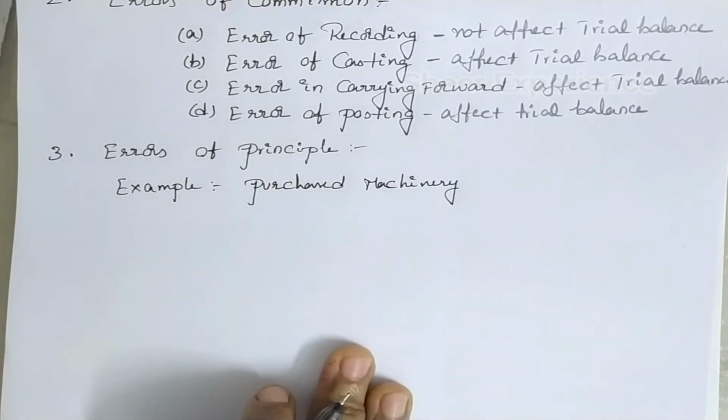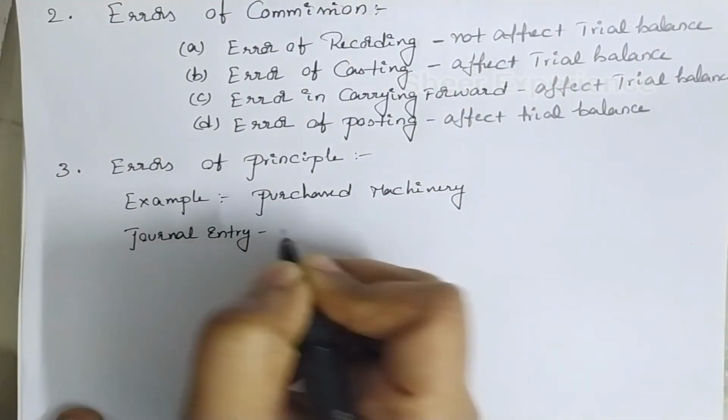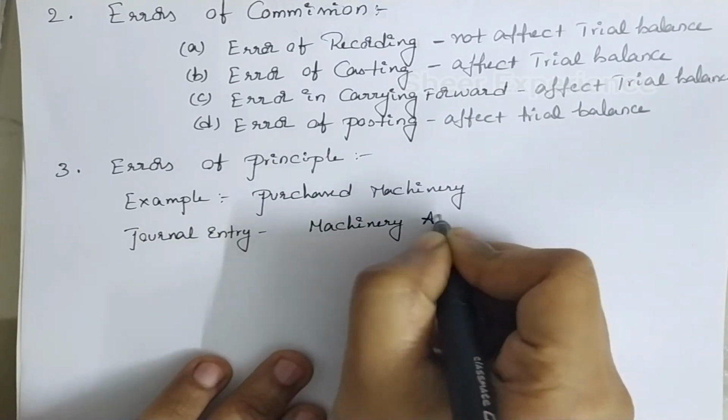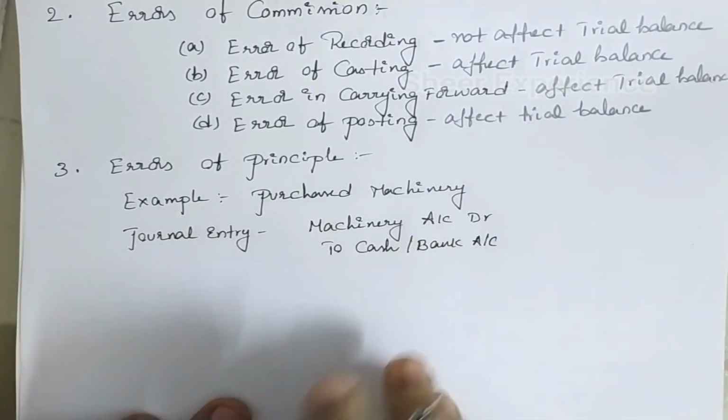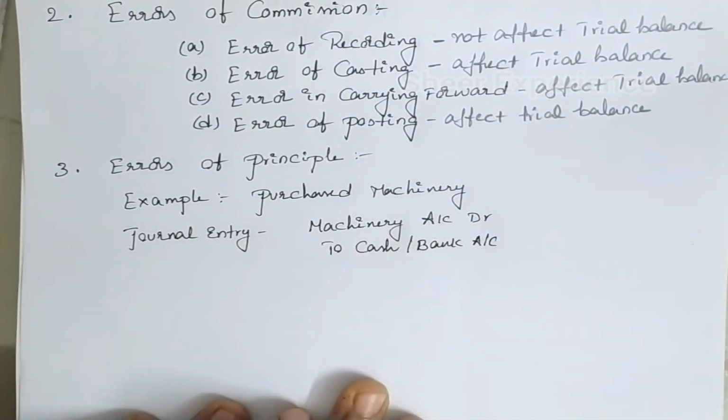When we purchase a machinery or an asset, the journal will be asset account debit to cash or bank account. Here we have purchased machinery, so the journal will be machinery account debit to cash or bank account. So by mistake, we have wrongly debited purchases account instead of machinery account. So this type of error is called error of principle.